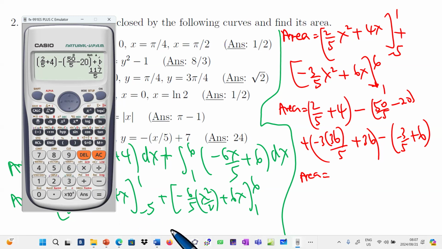Okay. It appears that you get exactly that. Let's check this out. Okay, there might be a small error. You see, the answer is 23.4, which is close to 24. So there might be a number that we need to check, or a sign.